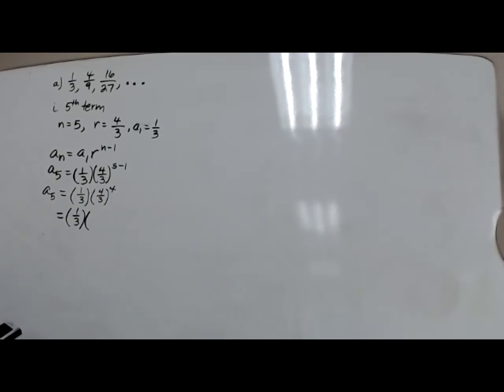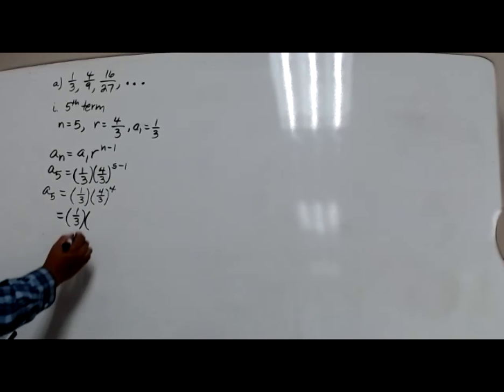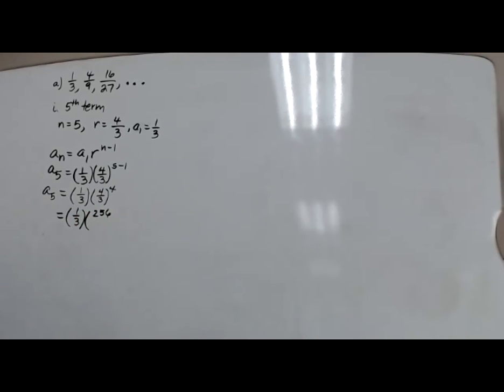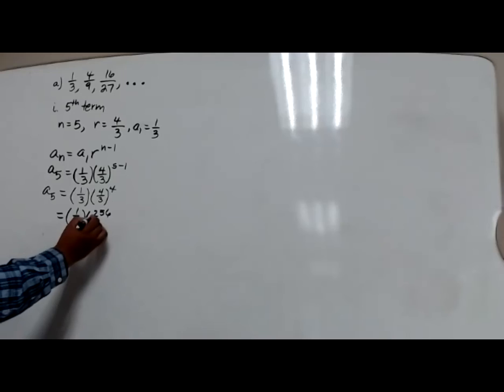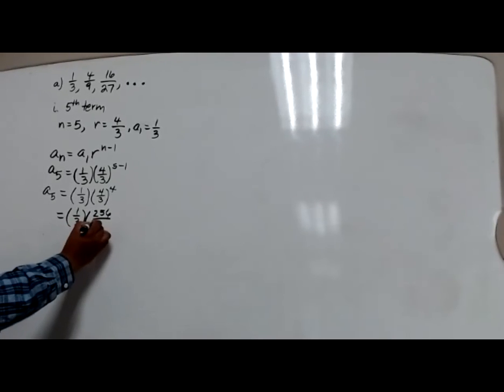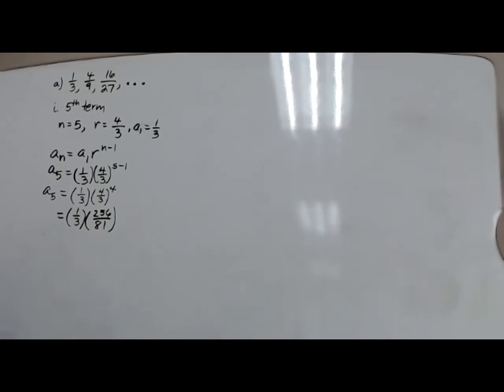When you have a fraction raised to a power, you take the numerator to that power and the denominator to that power. 4 to the 4th is 256, and 3 to the 4th is 81.